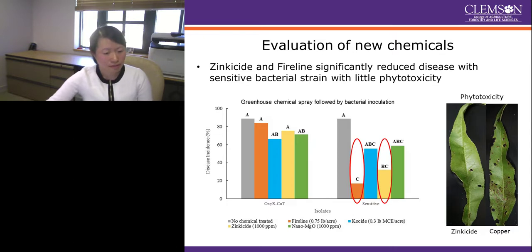But the reduced performance of zincicide in plants compared to in lab assays is also commonly seen in other crop systems. The good thing is that zincicide at least can provide some control for the sensitive bacteria. And with this high dose of zincicide, it causes a minimum amount of phytotoxicity, which is much better than the phytotoxicity caused by the low-medium rate of copper.